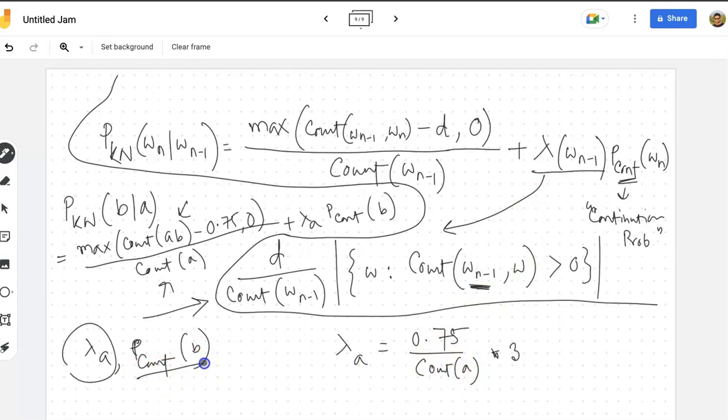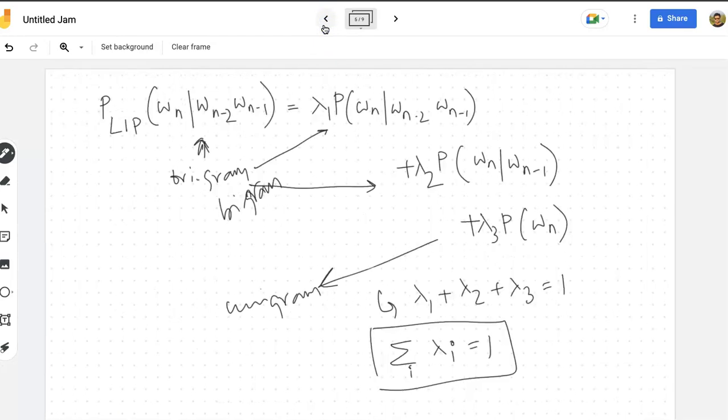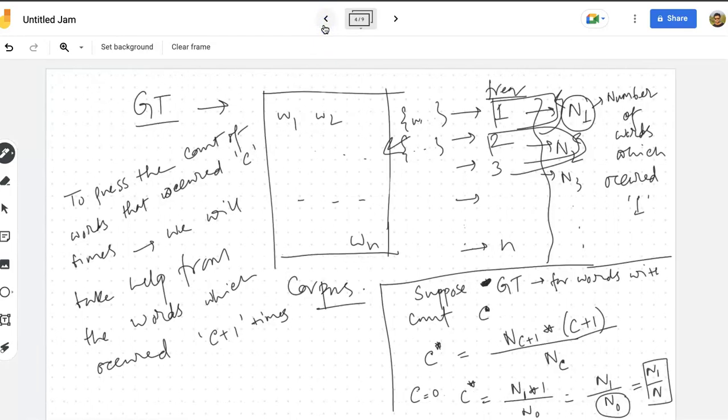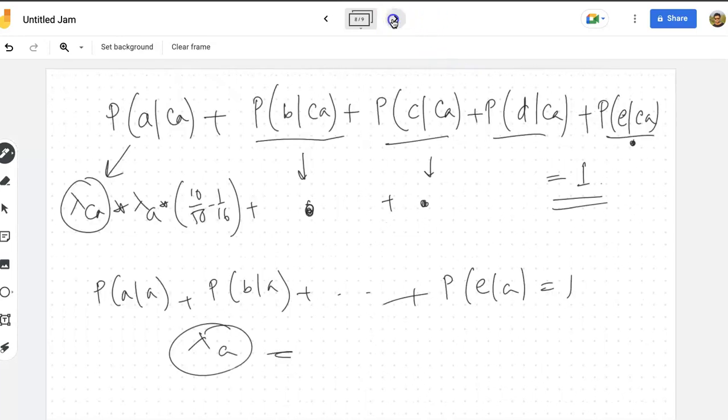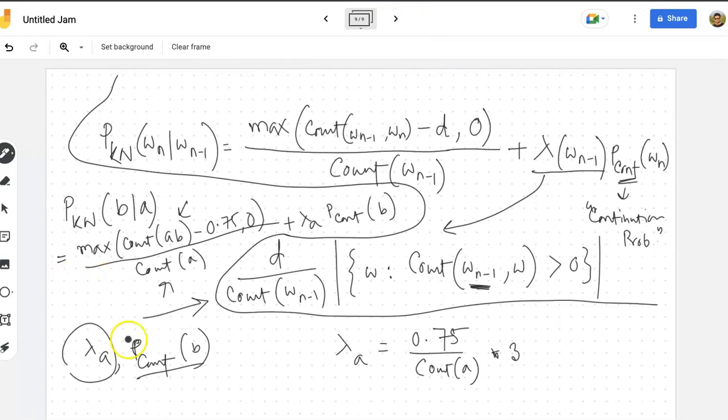And how will you get the continuation probability? If you remember the continuation probability formula, I think I have written it in the last slide. Yes, this is the one. The probability of W is the number of unique bigrams that end with W, over the total number of unique bigrams in the corpus. So what is the total number of bigrams?